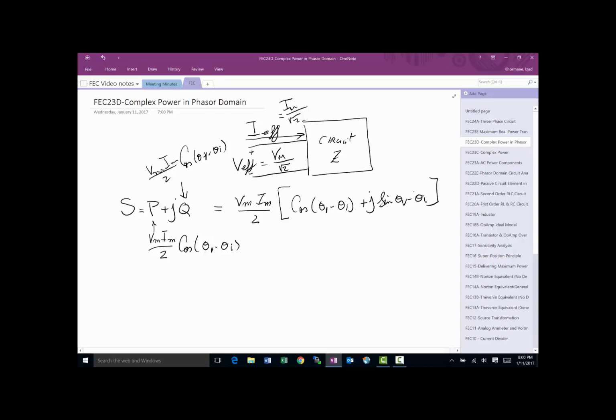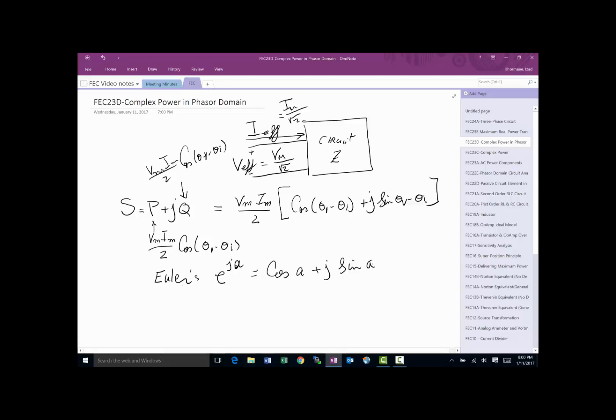If you recall, there is an identity called Euler's identity, which is very useful for these kinds of problems. It says that e to the j a can also be written as cosine of a plus j sine of a. In a sense, this is really going between polar and rectangular coordinates.